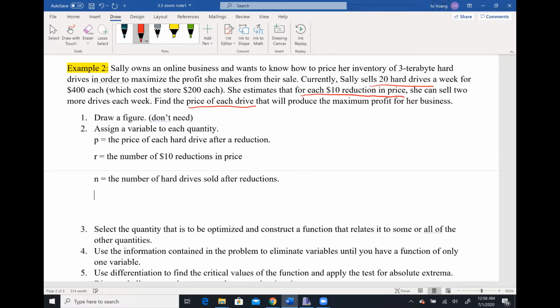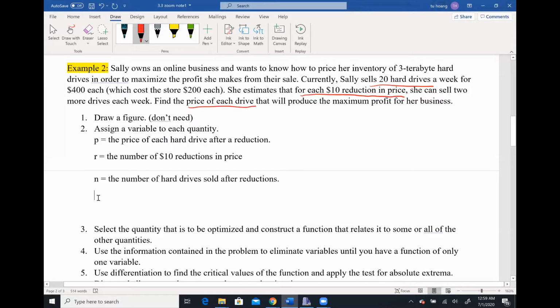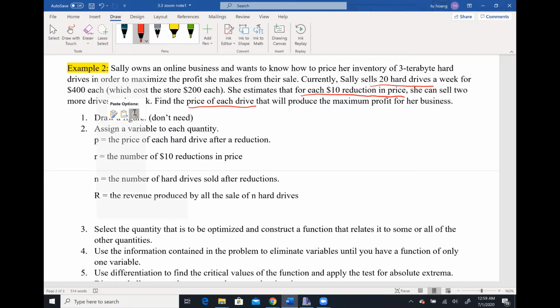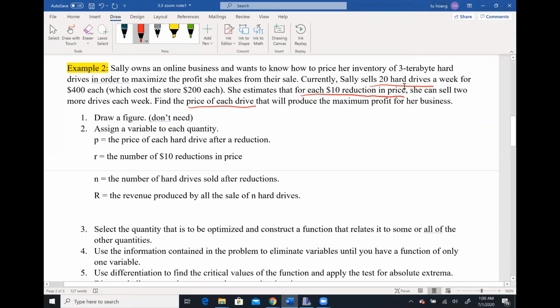Now you have to think about, with this number of hard drives after reduction, what's the revenue that you're gonna have? So I'm gonna say R is the revenue produced by the sale of N hard drives. What else? You should also think about the cost.